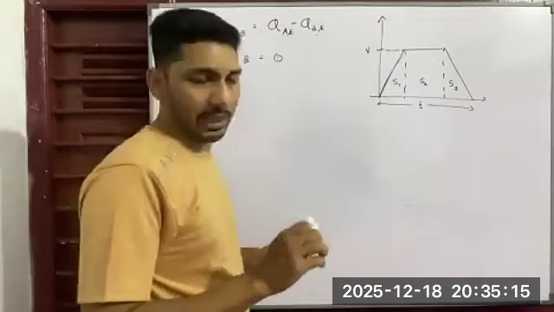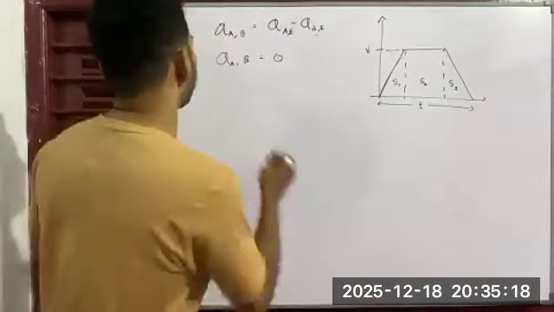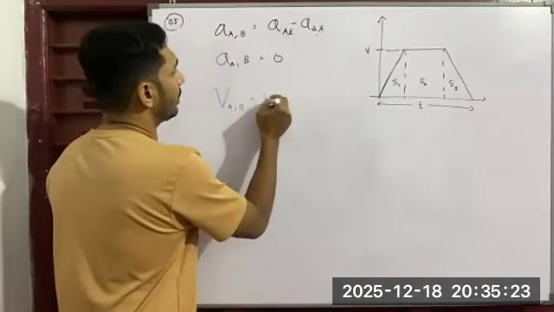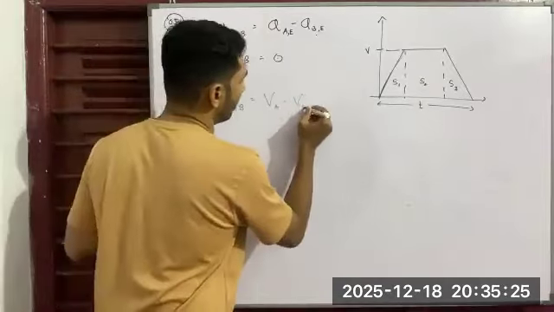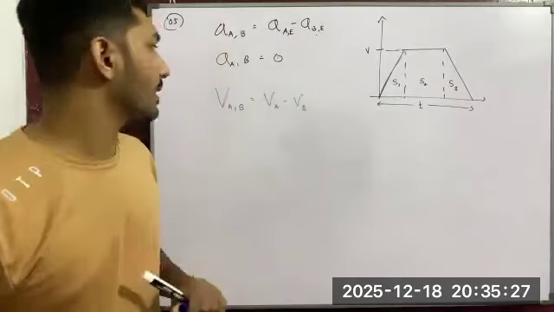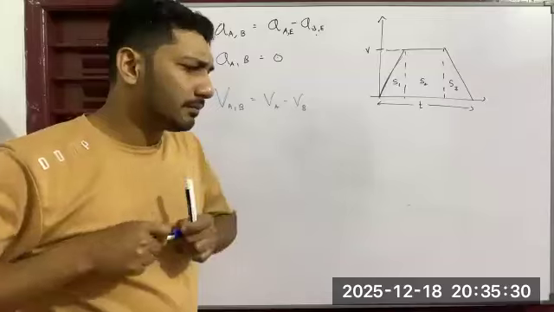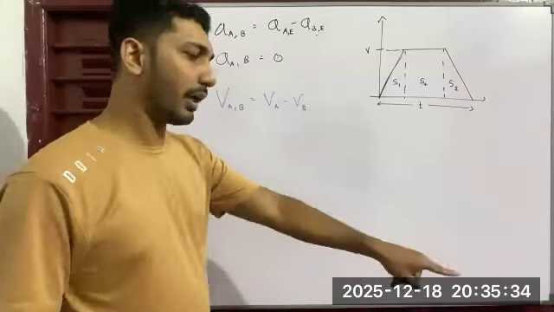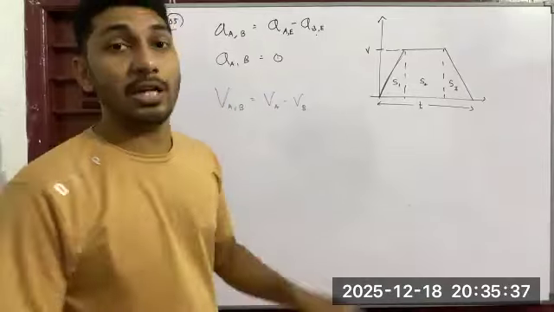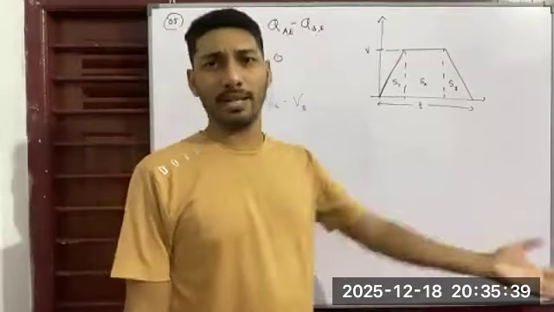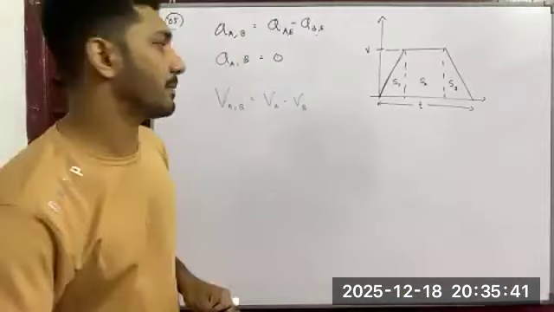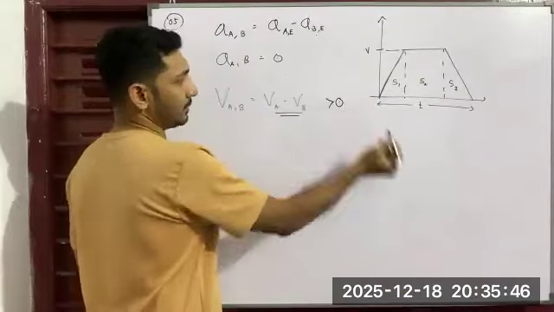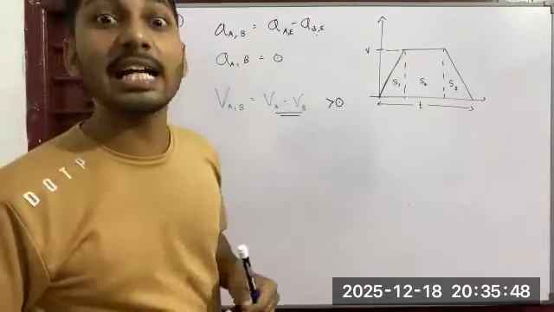Second one, you have to look at the velocity, right? V A relative to B is equal to VA minus VB. You agree with me? So what do you think? At each and every point, if you take any moment, you can see the velocity of A is greater than B by some amount. Always. So this has a value greater than 0, not 0. It is a constant value.